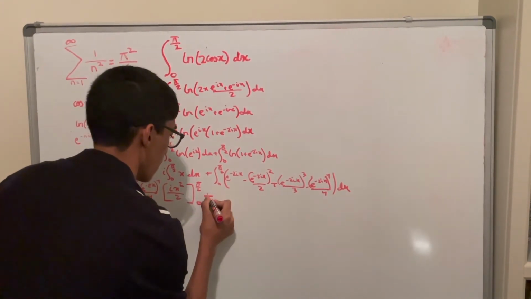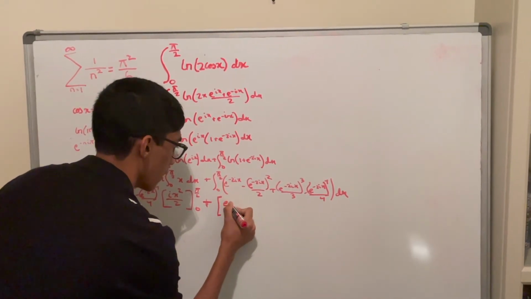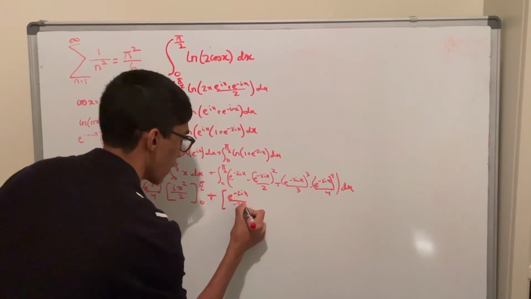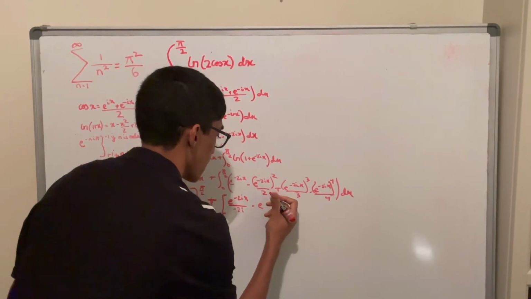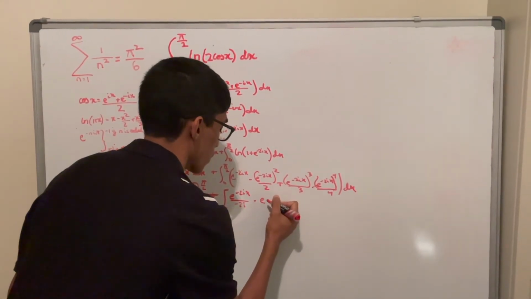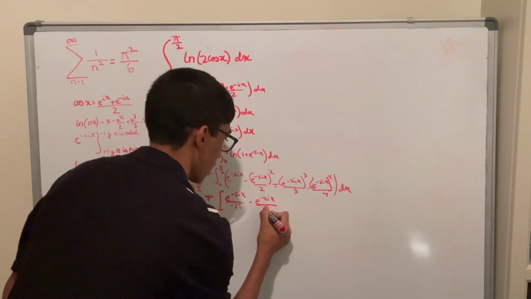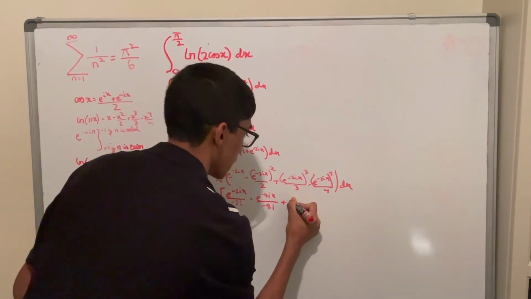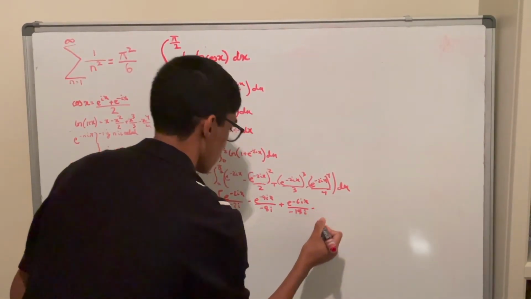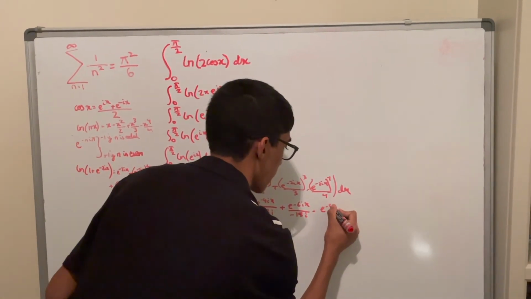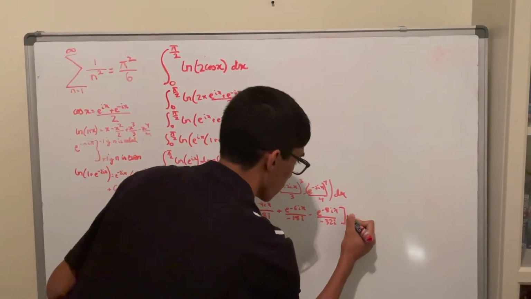So we have e to the power of minus 2ix over minus 2i minus, we can represent this as e to the power minus 4ix over 2, which is just e to the power minus 4ix over minus 8i plus e to the power minus 6ix over minus 18i minus e to the power minus 8ix over minus 32i from 0 to pi by 2.